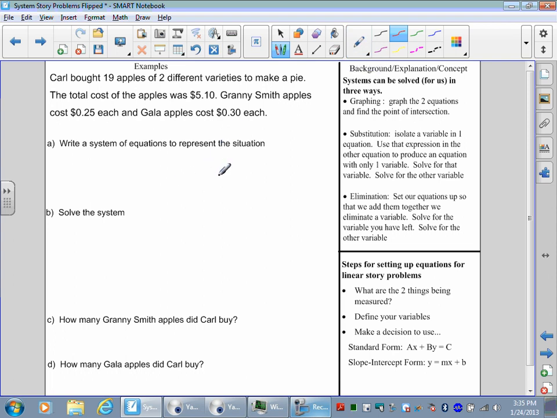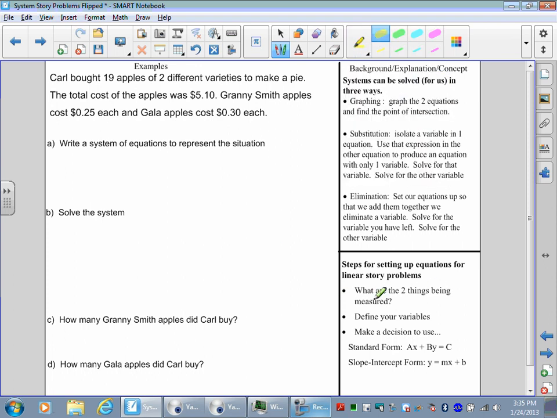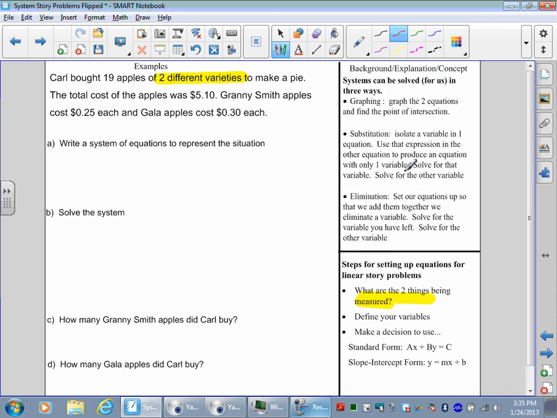Now, in the last case, we used y equals mx plus b for both equations. In this case, it may be different, it may be the same, but I need to consider, again, what are the 2 things being measured? And really, it's right here. He bought 2 different varieties of apples. So I'm going to define my variables as this.